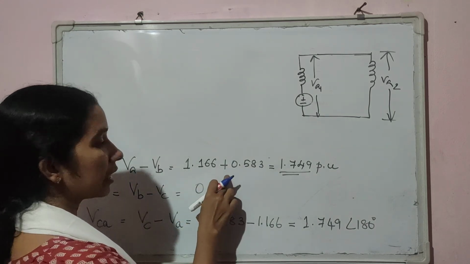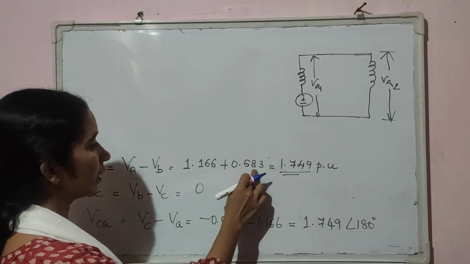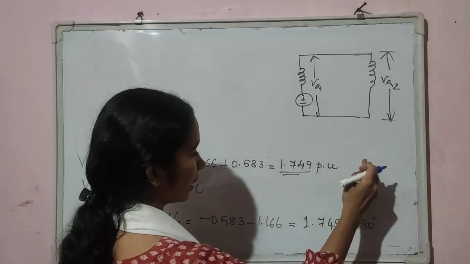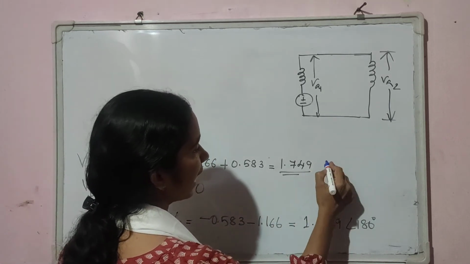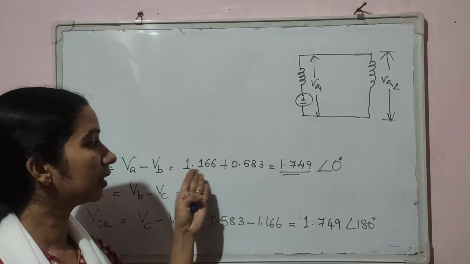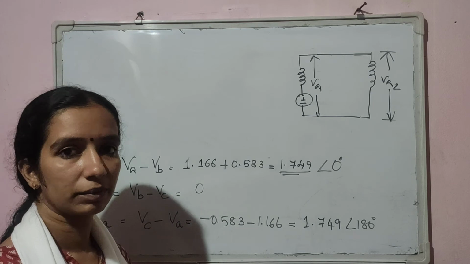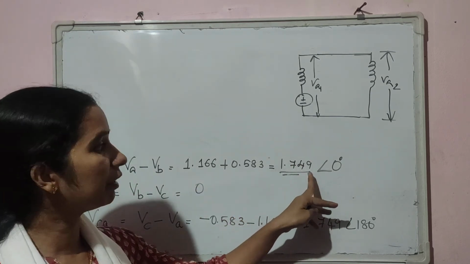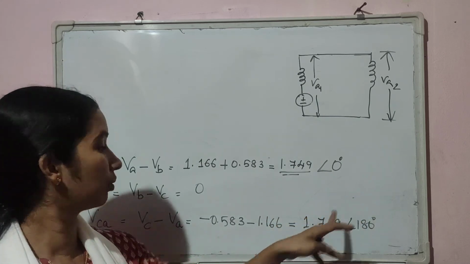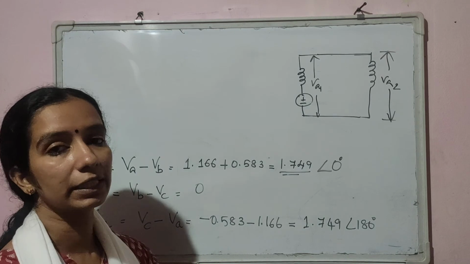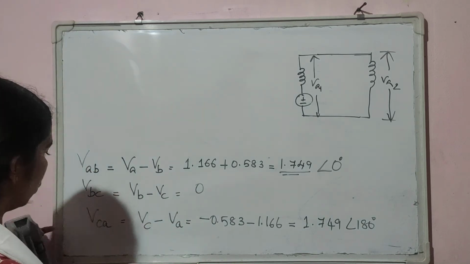If we are using the angles of all these parameters VA, VB and VC, we will get VAB as 1.749 angle 0. But I haven't used the angles, I have taken the magnitudes only. On taking the angles also, this value VAB will be 1.749 angle 0 and VCA will be 1.749 angle 180 degree.